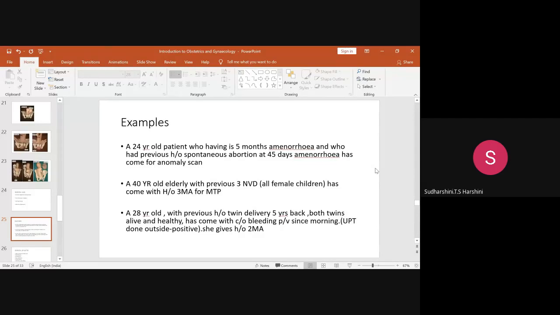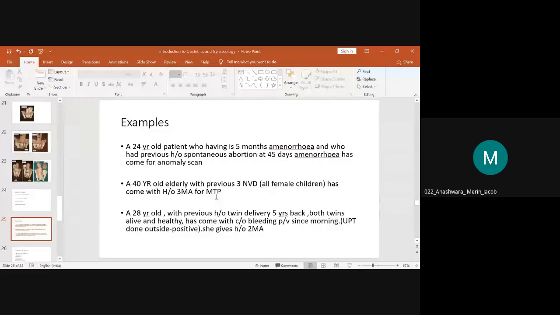Now, the second patient, someone else answer. A 40-year-old elderly woman with previous 3 normal deliveries, all female children, has come with 3 months amenorrhea for MTP. MTP is medical termination of pregnancy. She has 3. Tell me.